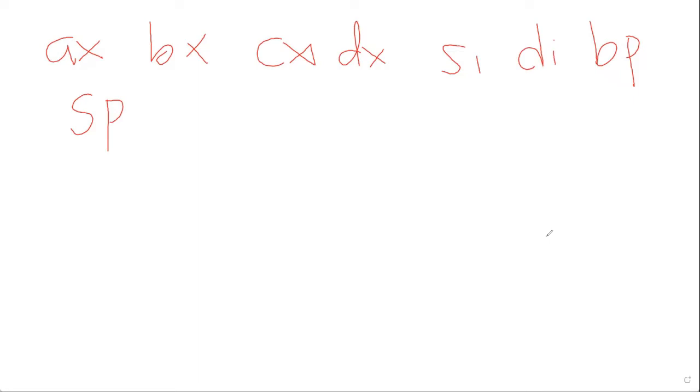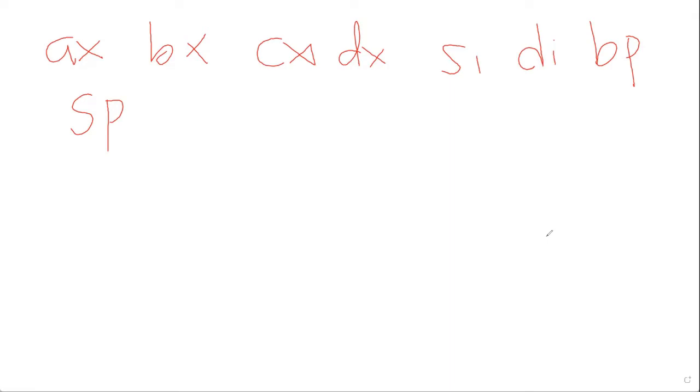But at some point, you realize that the nomenclature changes. It doesn't strictly follow the XX pattern, so you have SI, DI, BP, SP. We call these general purpose registers.